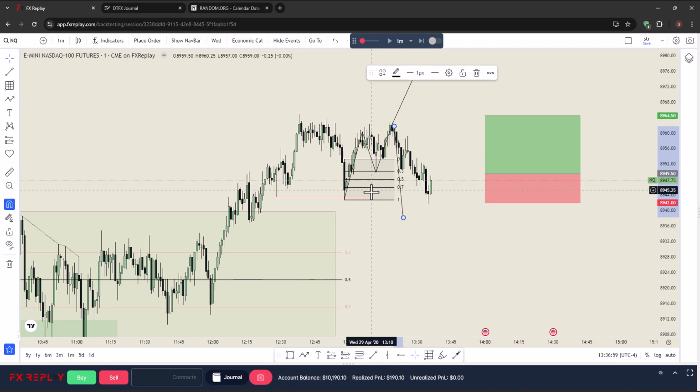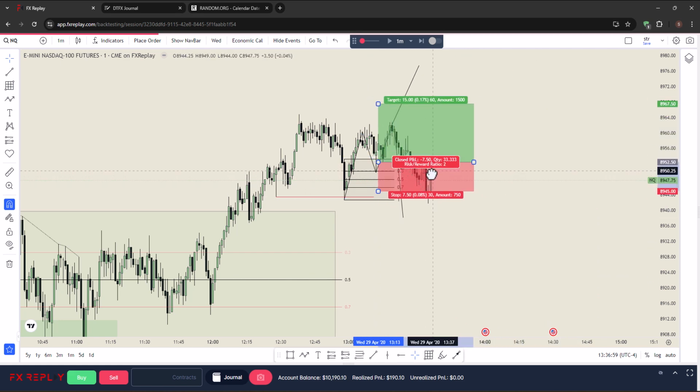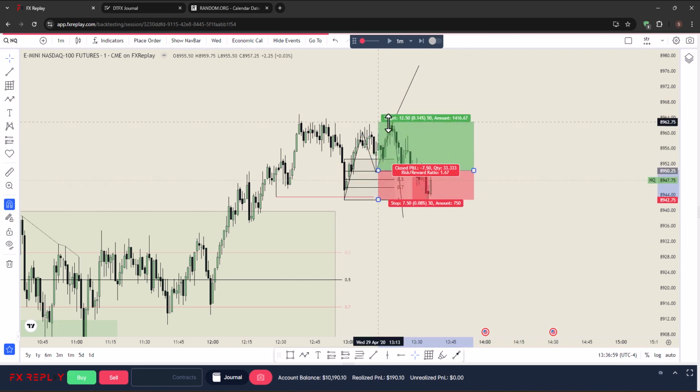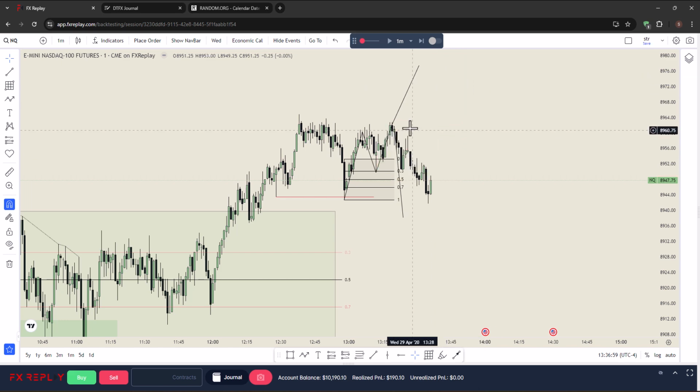So this information will let me move my stop loss once price reaches the 1R to the break-even zone. All right. So this is like a break-even trade.